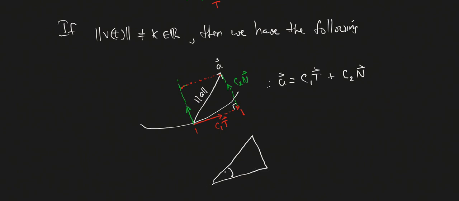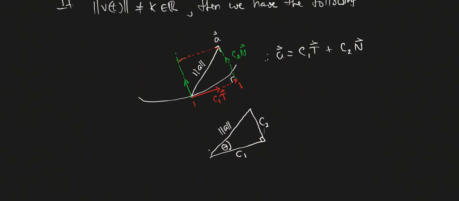So let's say that this is our angle theta, and this is the right angle. This side is just the magnitude of A. This vector, this would be its magnitude, it would be C1. And then this vector here, this green vector, would have magnitude C2.